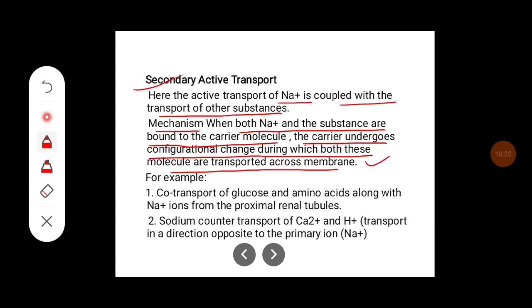For example, the co-transport of glucose and amino acids along with sodium from the proximal renal tubules. Another example is sodium countertransport of calcium and H plus ion, where the transport is in the direction opposite to the primary ion, that is sodium.